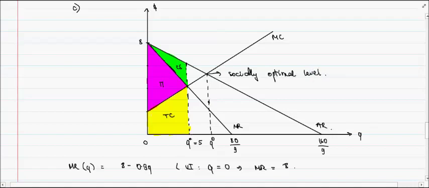Alright, so the welfare loss is just going to be the area below the average revenue, above the marginal cost, and between the quantity q star and q0. That is just going to be a little triangle over here. This is the welfare loss.